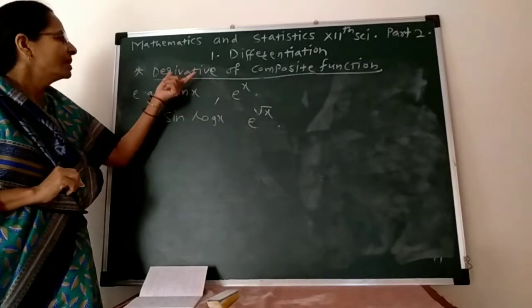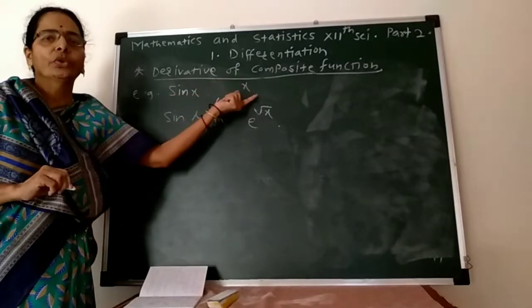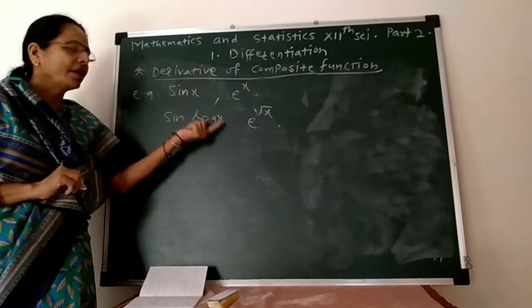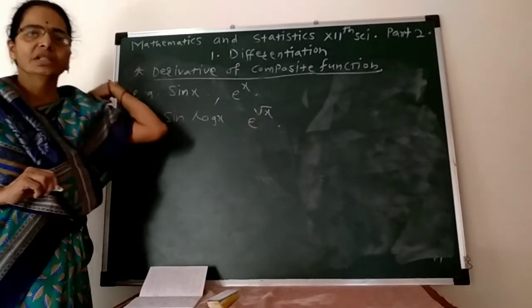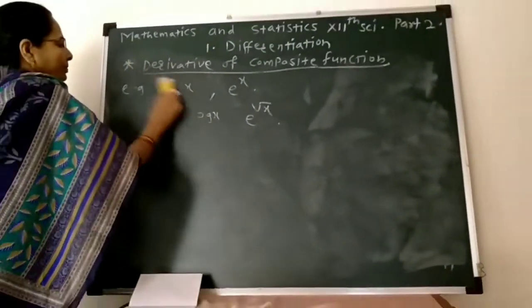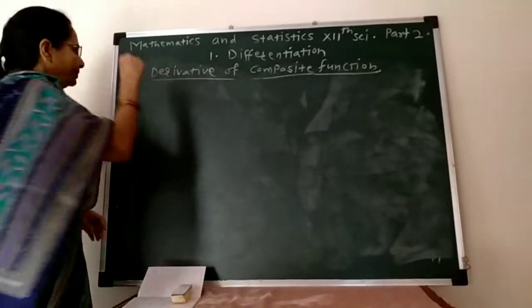Once again, concept of composite function: sin x, e raised to x, these are simple functions. But when we take sin log x, e raised to root x, these are composite functions. And remember this theorem.